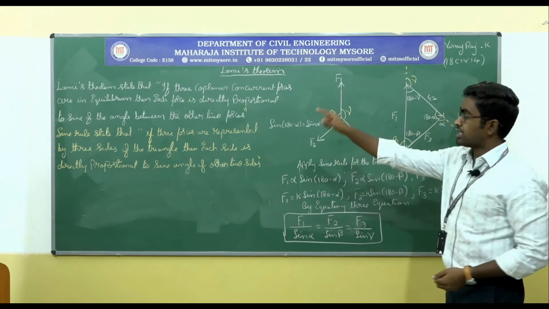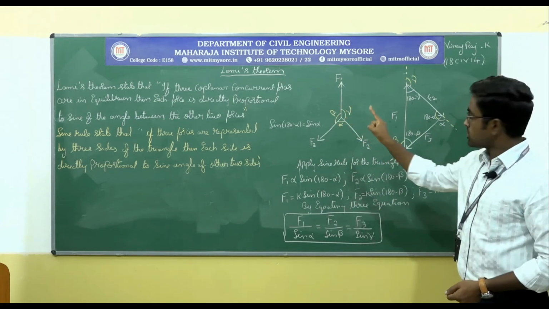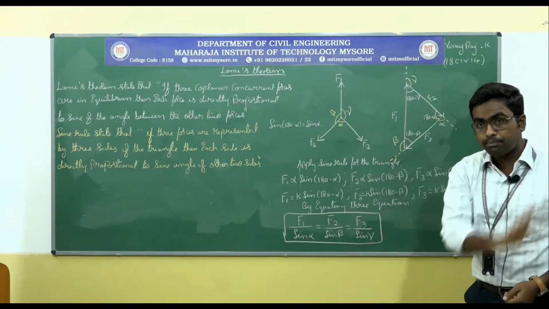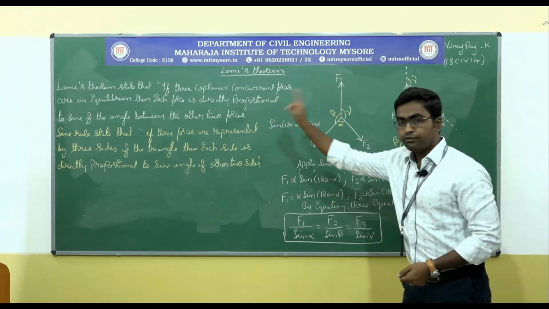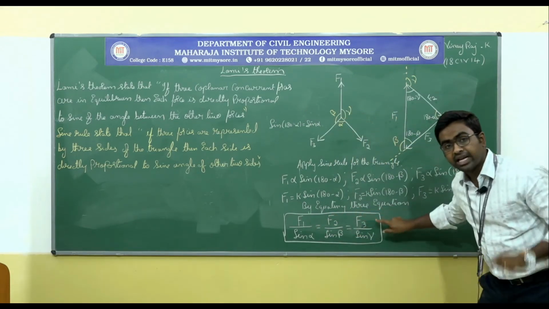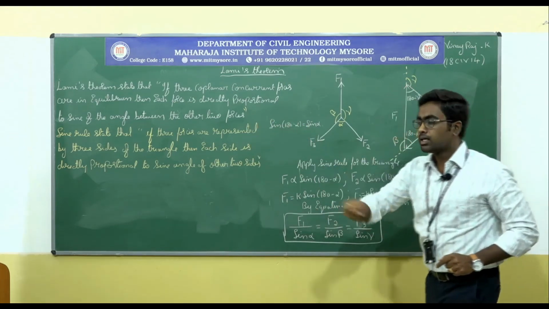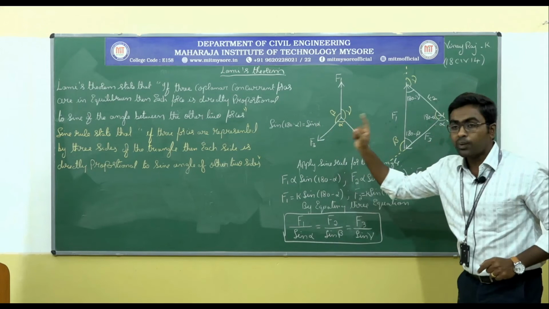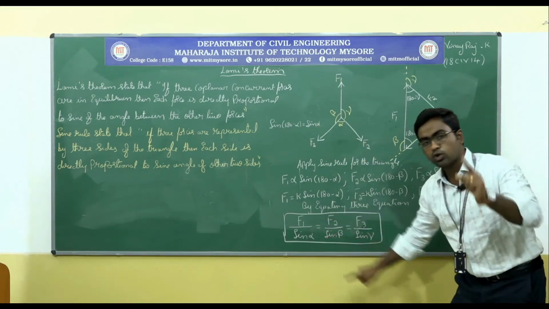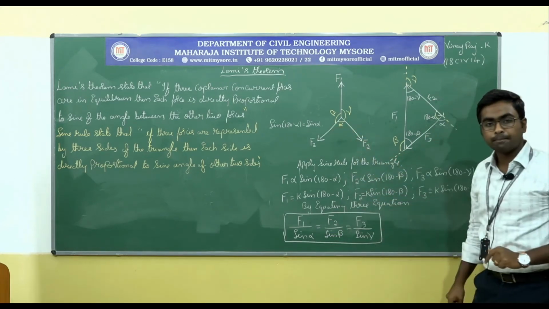Okay, see what Lami's theorem states. If a three coplanar concurrent force system is in equilibrium, then each force, F1, F2, F3, is directly proportional to the sine of the angle between the other two forces. See, F1 is proportional to sine alpha, and alpha is the angle between the other two forces.